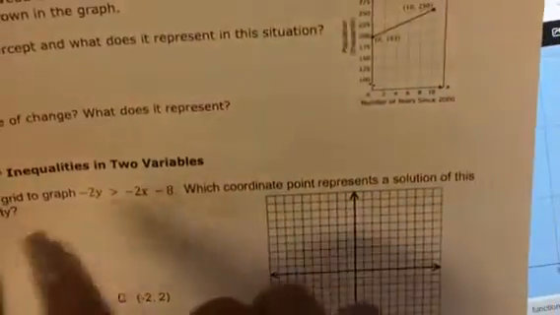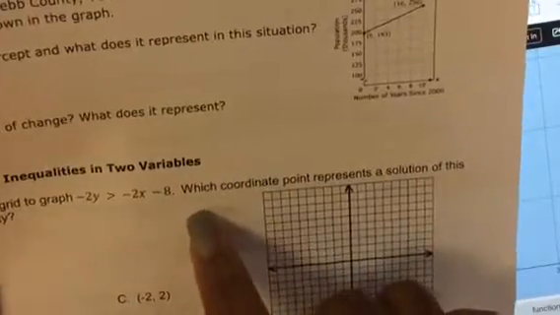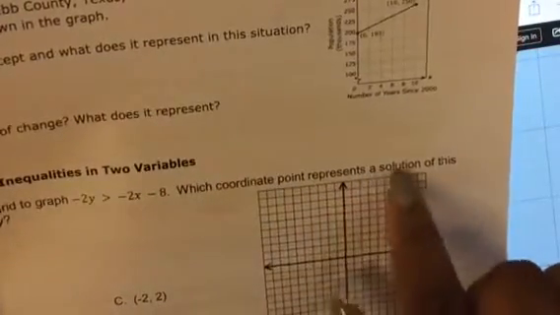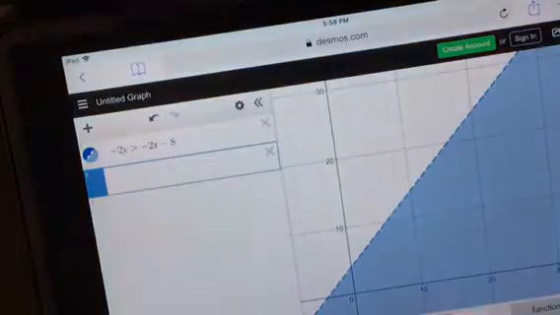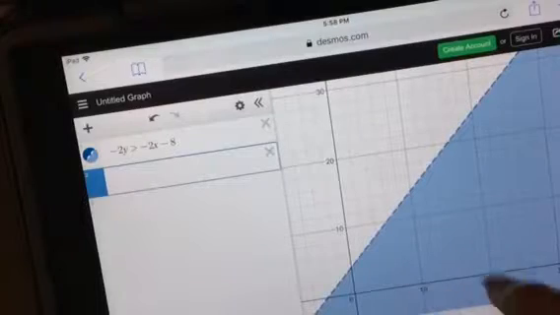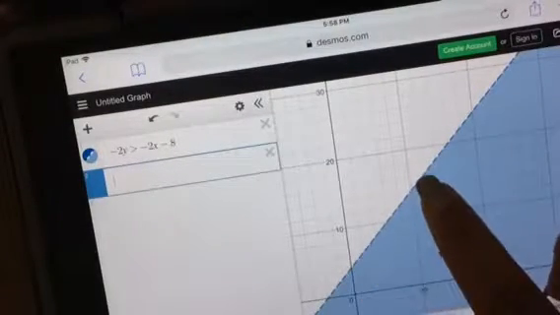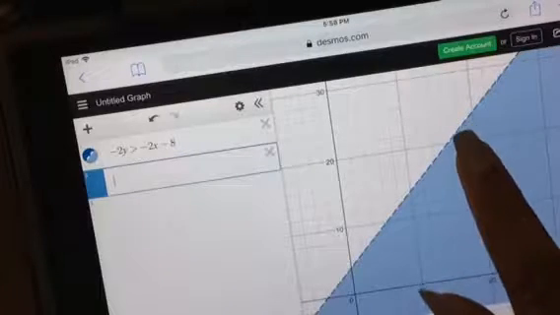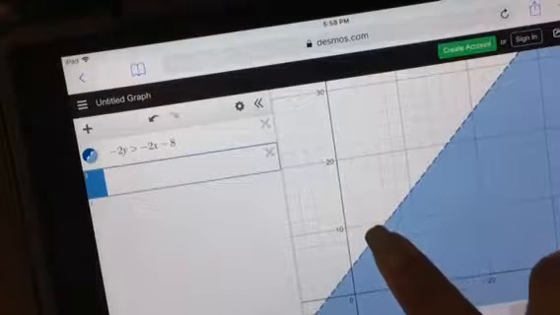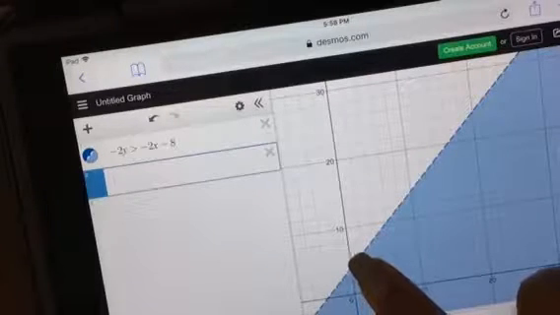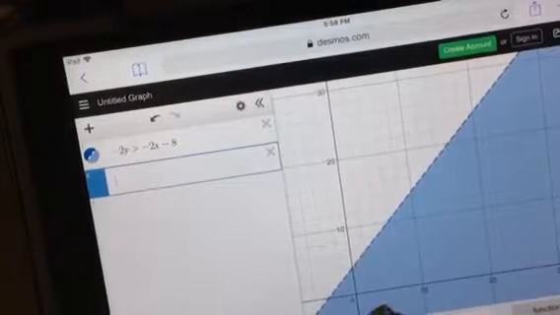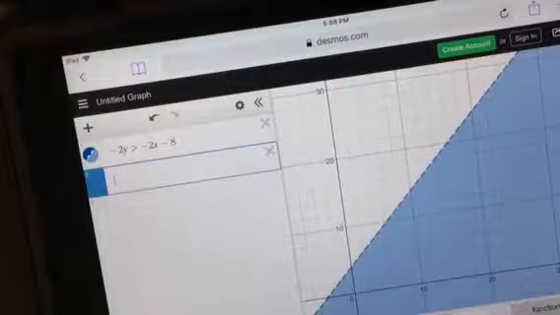It says to graph this inequality, which coordinate point represents a solution to this inequality? So the solution set is the shaded area, and if this were a solid line, the solution would be on the line as well. But this is a dotted line. There are no solutions on the dotted line because the dots will fall through the line. So no solutions on that dotted line.